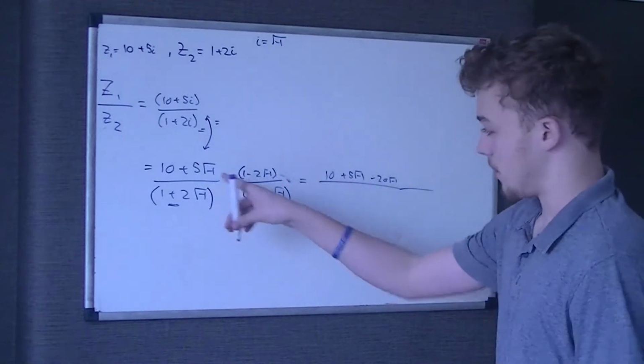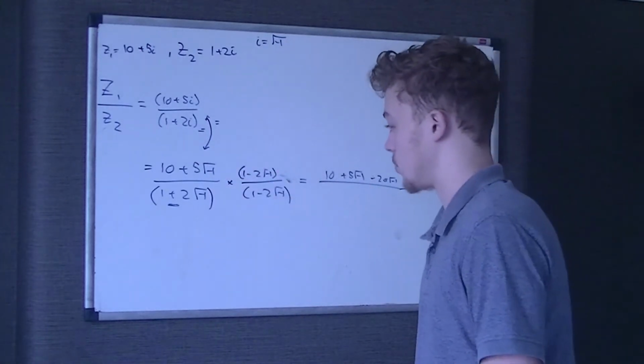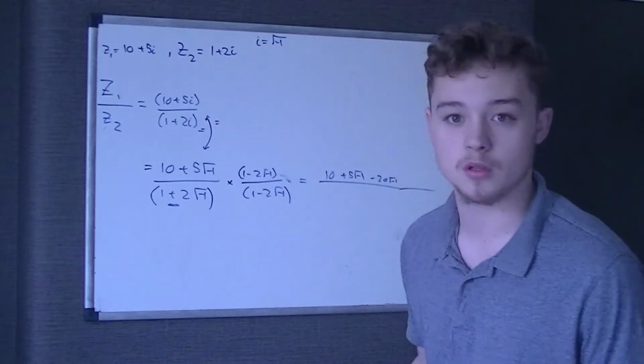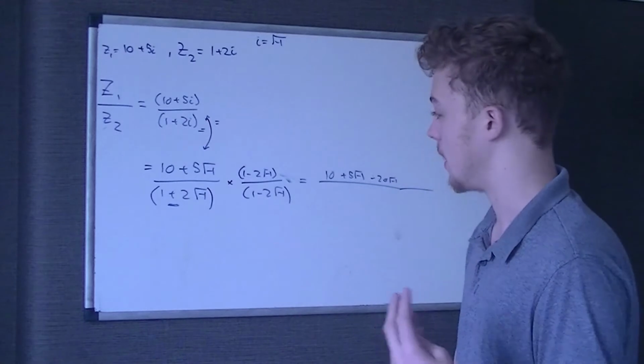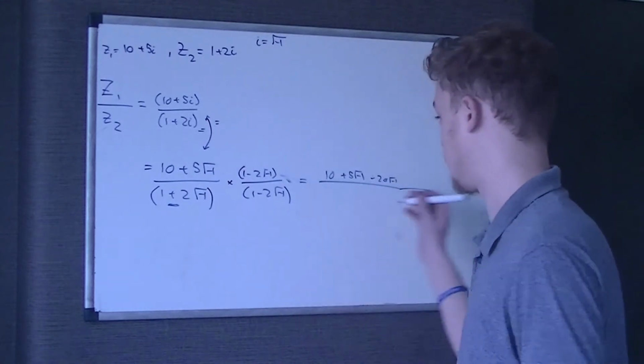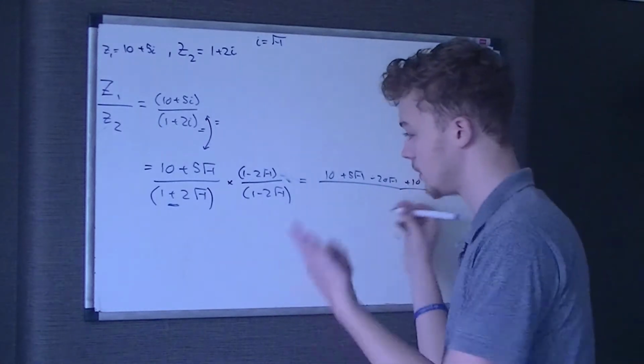So expand each term, then we go 5 root minus 1 times 2 root minus 1, so the root minus 1 times root minus 1 becomes minus 1, so basically this becomes plus 10. Okay? So you can do that in your own way.